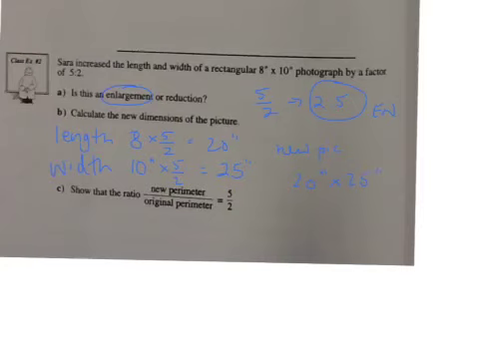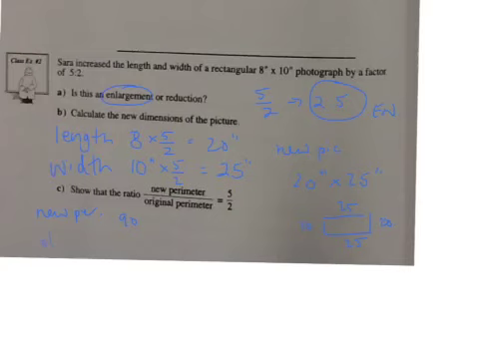So show that the ratio, the new perimeter over the original perimeter, equals 5/2. And the new perimeter is going to be 20 by 25, so we add all these up, and it equals 90.